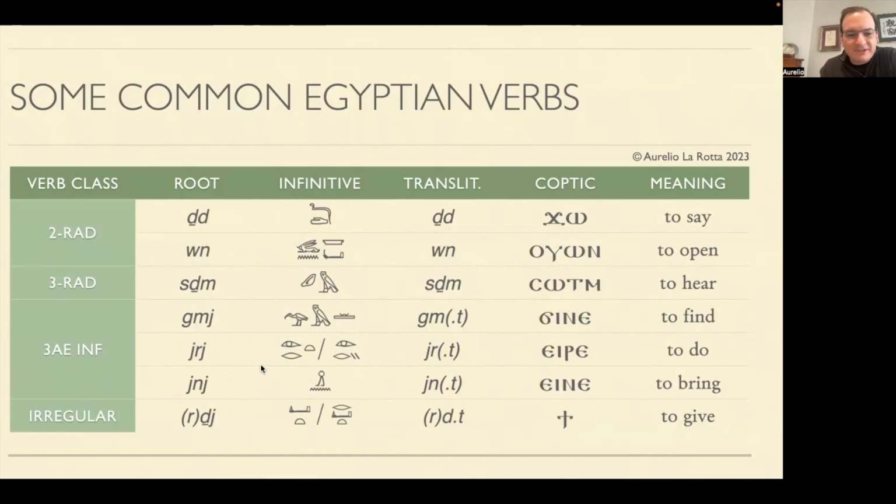Another very common word is iri, that's the root. It has a weak consonant at the end. That's why this whole class is called tertiae infirmae, so with a third weak radical, in Latin. And the infinitive is marked by either a T, or often you can also find it just with that double stroke Y, which just indicates that there was some kind of vowel or glide at the end.